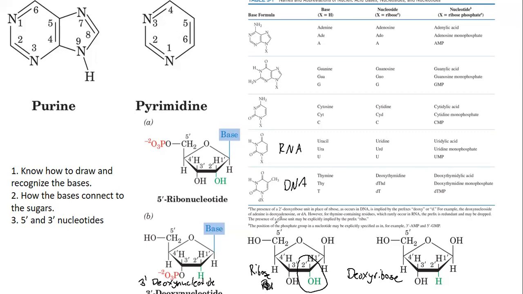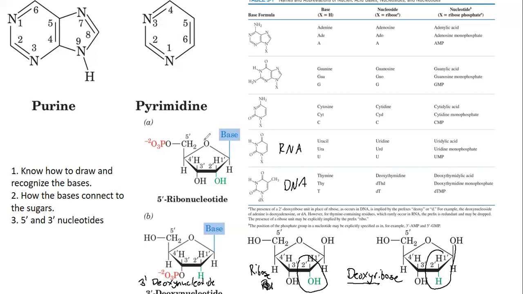The reason why these are primes is because our bases are numbered and they don't get primes. So to distinguish between a base atom or a sugar atom, that's when you add the primes. So at the 2' position, we have a hydroxyl. That's for ribose. For deoxyribose, the word deoxy means you lost an oxygen. You lose it at the 2' position, right?